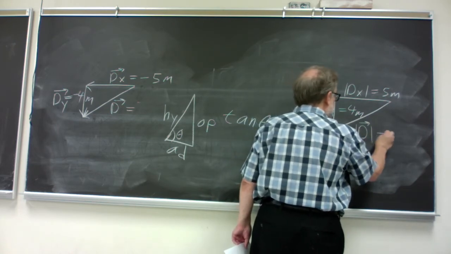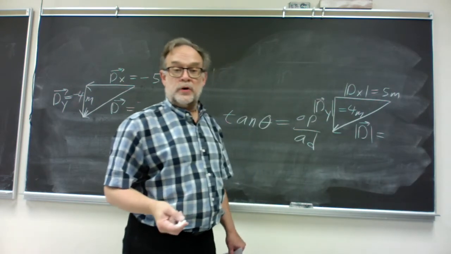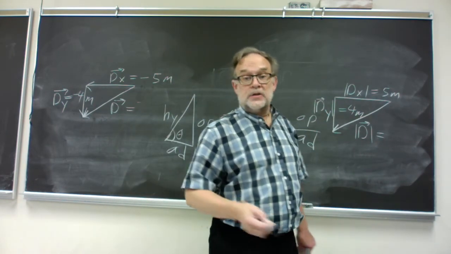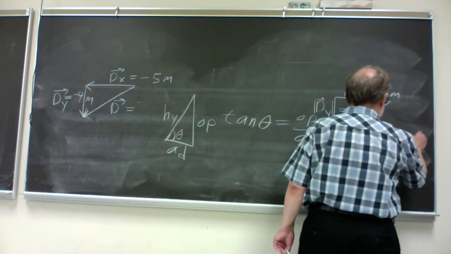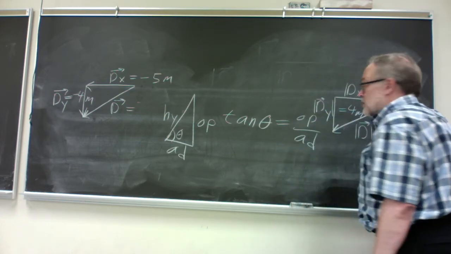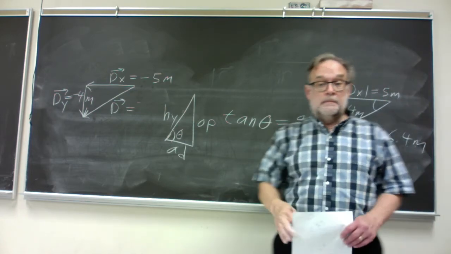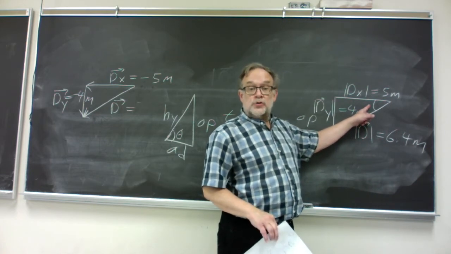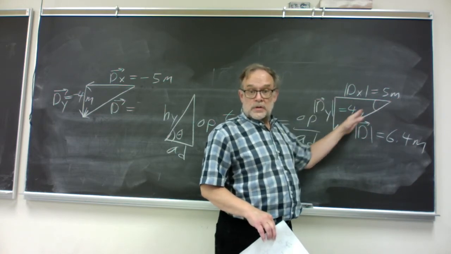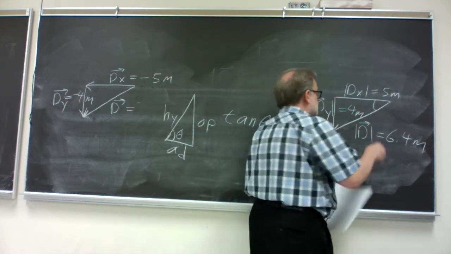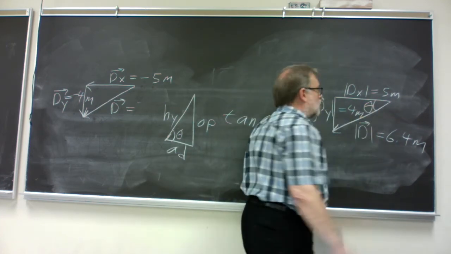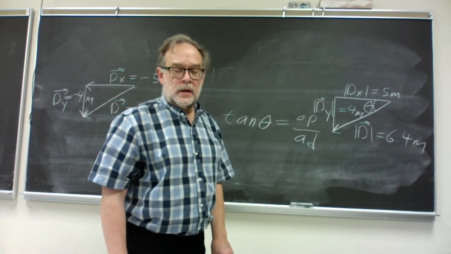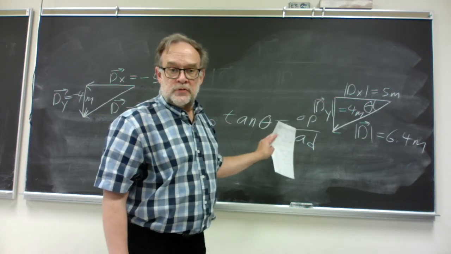We just figured out that the magnitude of D is 6.4 meters. And here's an angle that we can use to figure out the direction of displacement D. Call that angle theta, and then use our definition of tangent.